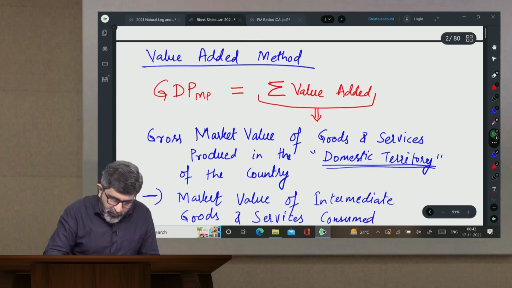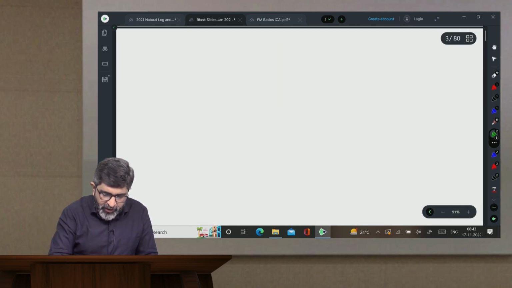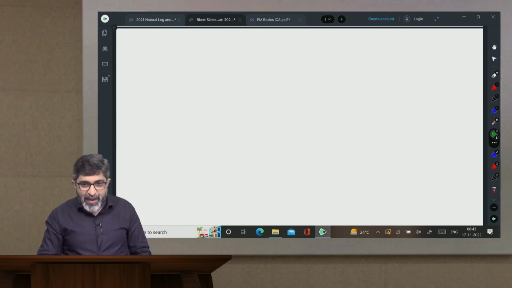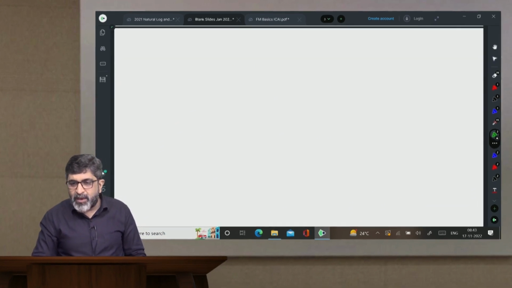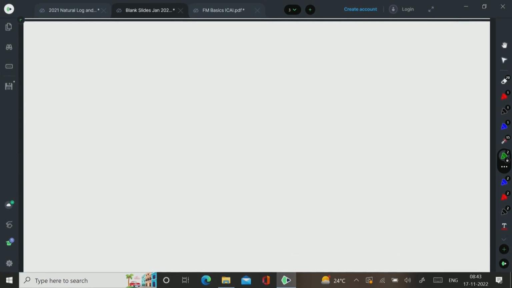So we move to the next point, establishing the interrelationship between the GDP at market price and GNP at market price.